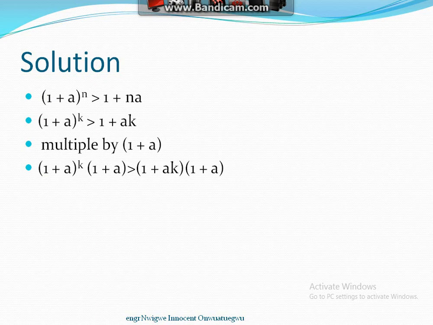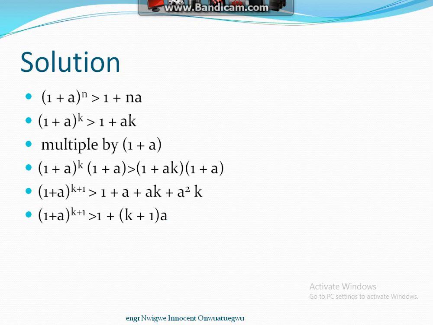If you open the bracket, we now have in bracket 1 plus a raised to the power k plus 1 is greater than 1 plus ak plus a squared k. Therefore, in bracket 1 plus a raised to the power k plus 1 is greater than 1 plus in bracket k plus 1 a.